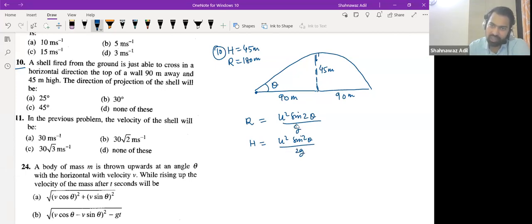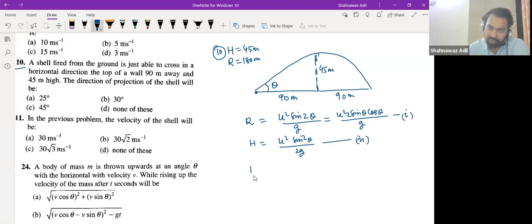Now let us write sine of 2 theta as 2 sine theta cos theta. Let's say this is 1 and this is 2, so let's divide the second by the first.